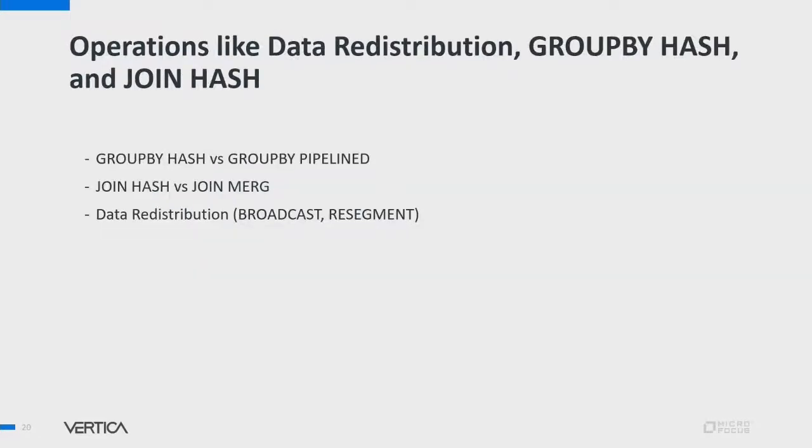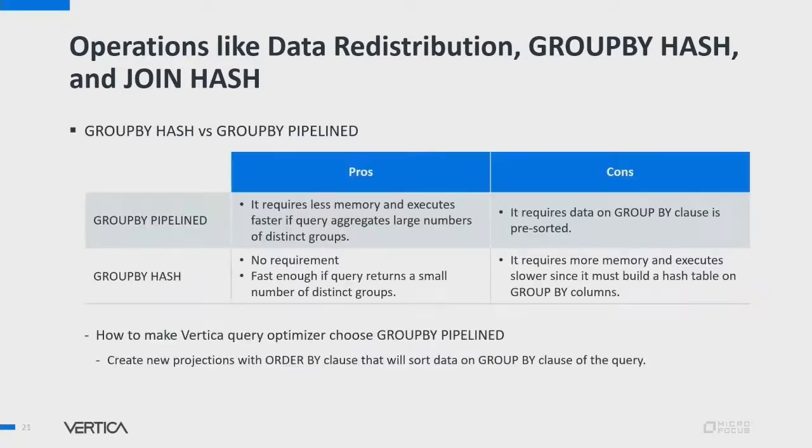The Vertica query optimizer automatically chooses a set of operations to compute the results. The choice of operation can significantly affect how many resources are needed to compute the query results, and also whether there is any data redistribution during the runtime of the query. There are two methods for aggregating data: group by hash and group by pipeline.